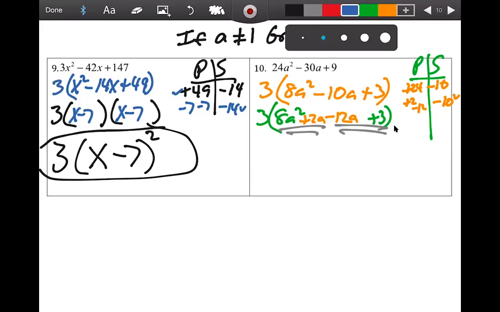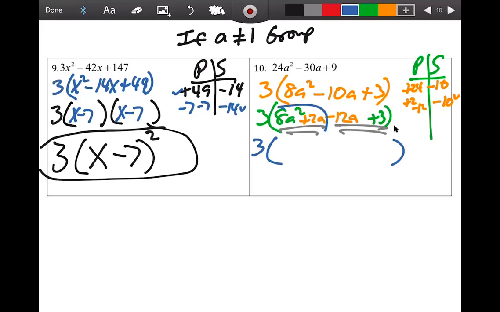My first group, I have a GCF. What's my GCF on this one? 2a, yes. Remember that the first group always has the squared and the single variables. So 2a times 4a plus 1. And on this one, in order for me to get a positive 4a, I'm going to have to divide by minus 3.